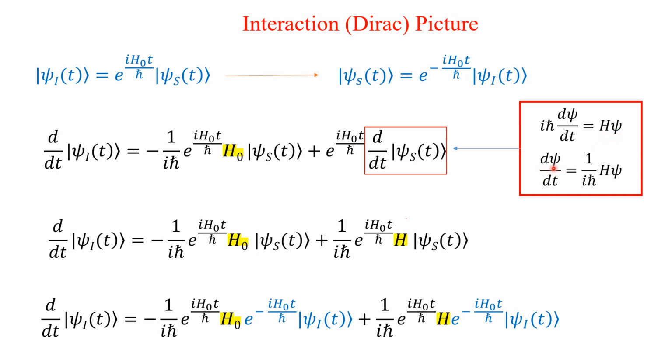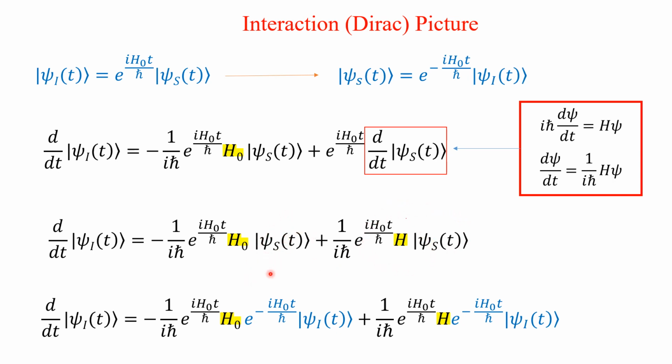So for d psi by dt, you bring this i h cross to the other side, you will get 1 over i h cross H psi. So now you replace this here. So 1 over i h cross H psi_S is the Schrodinger picture psi_S of t. So I have replaced this.